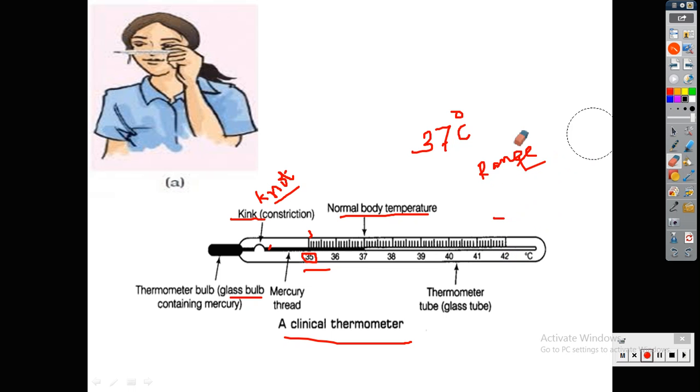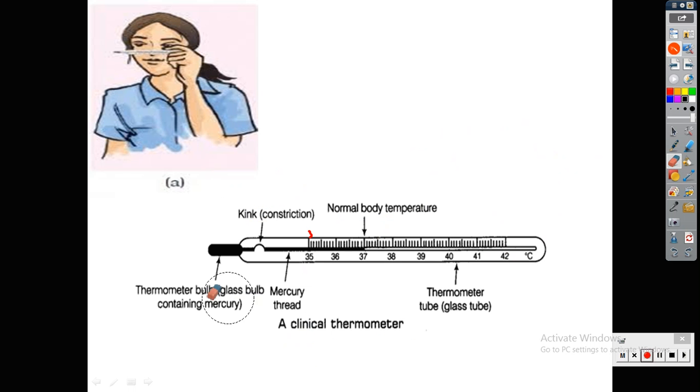While reading the clinical thermometer, what other things do we have to keep in mind? You can see this girl is reading the clinical thermometer. How will we read? We have to keep this bulb fully inside the body of an organism or human being.